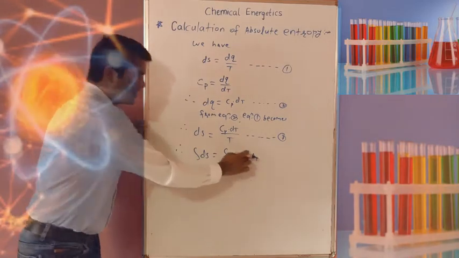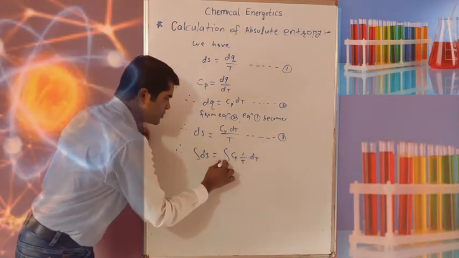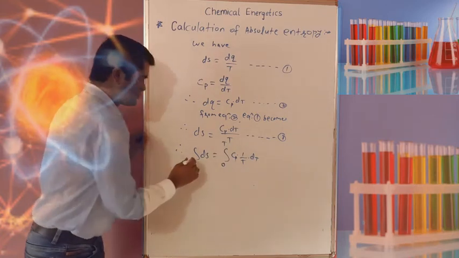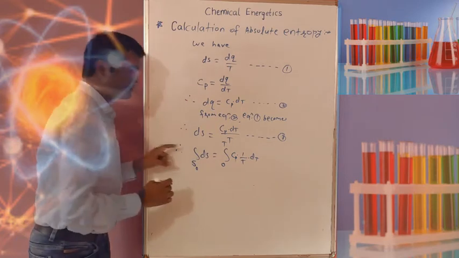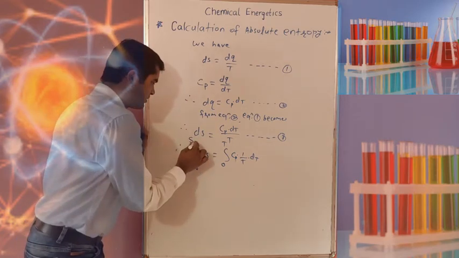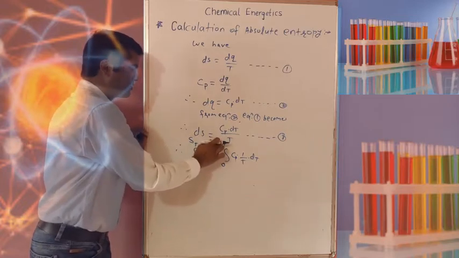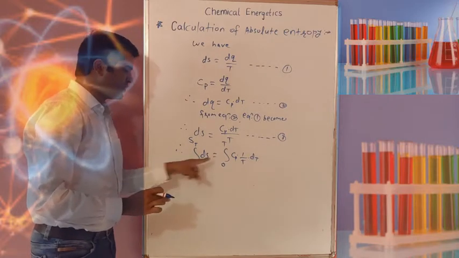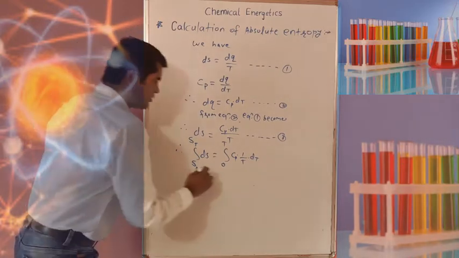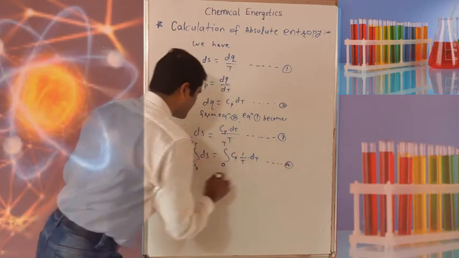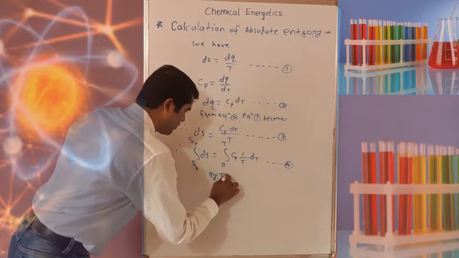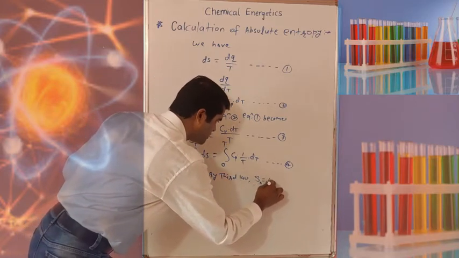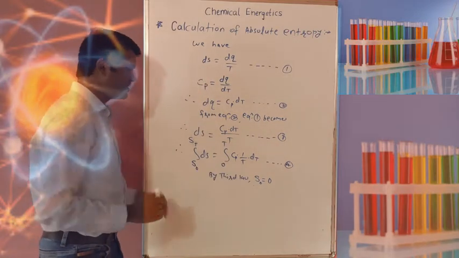Here the temperature is varying from 0 Kelvin to T. Let S0 be the entropy at 0 Kelvin and ST be the entropy at temperature T Kelvin. This is equation 4. But by the third law, S0 is equal to 0, that is, entropy at 0 Kelvin is 0.